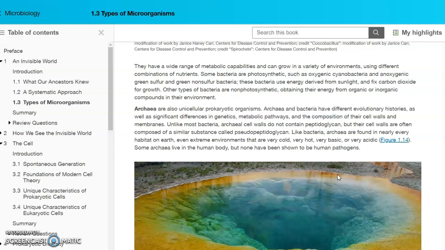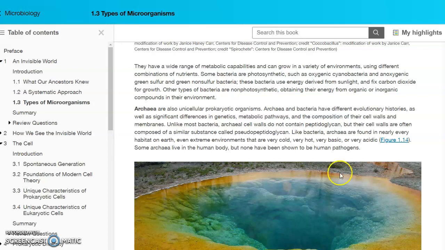Some can metabolize sulfur, or use light like plants do. Some depend on other sources for food; they're heterotrophs, like we are. Some bacteria need oxygen, some don't. So bacteria have developed a wide variety of niches that they can fill in the environment.